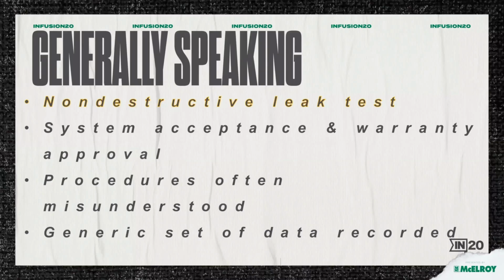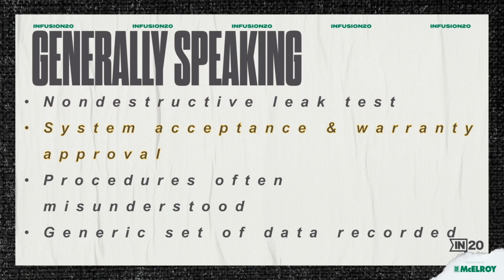Now, at this point, I'd like to just do a little bit of a review for what we've covered so far. A pressure test, what is it? It's a non-destructive leak test. And it is something that is used heavily, almost exclusively in industry, as system acceptance, warranty approval, and then add in that system integrity maintenance, and it's something that carries a lot of weight.